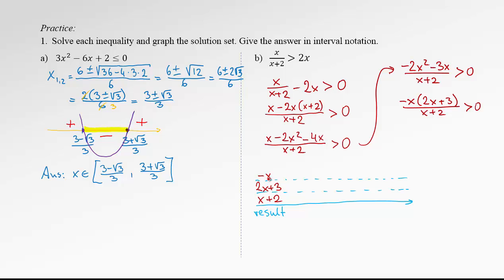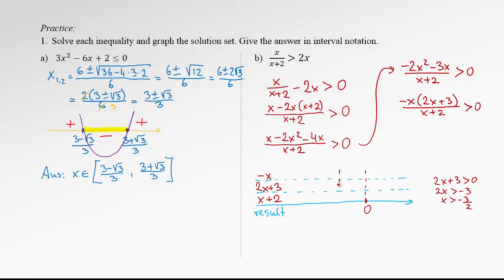So what are our critical numbers? It is 0 from the top one, right? This expression becomes 0 when x is 0. So let's say 0 is somewhere here. Now the second expression changes its sign when x is equal to negative 3/2. If we can't see it, let's calculate this on the side. 2x plus 3 is bigger than 0 when 2x is bigger than negative 3, so when x is bigger than negative 3/2.